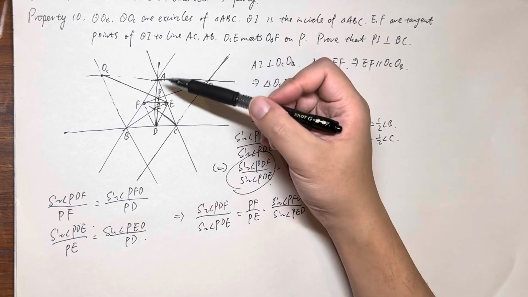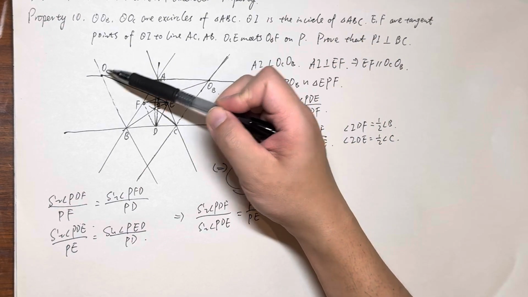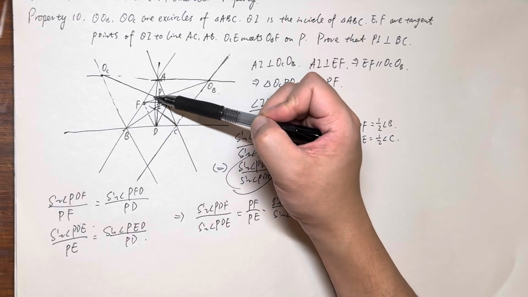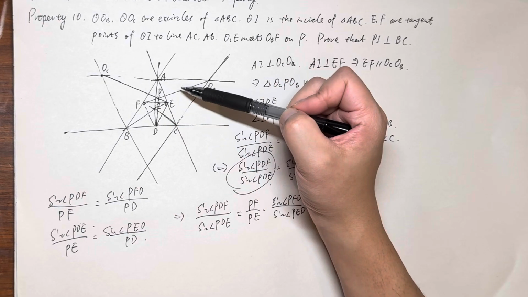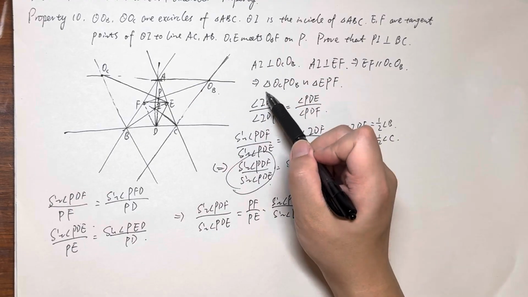We already proved the triangle O_CO_BP is similar to triangle EPF, right? We proved that.